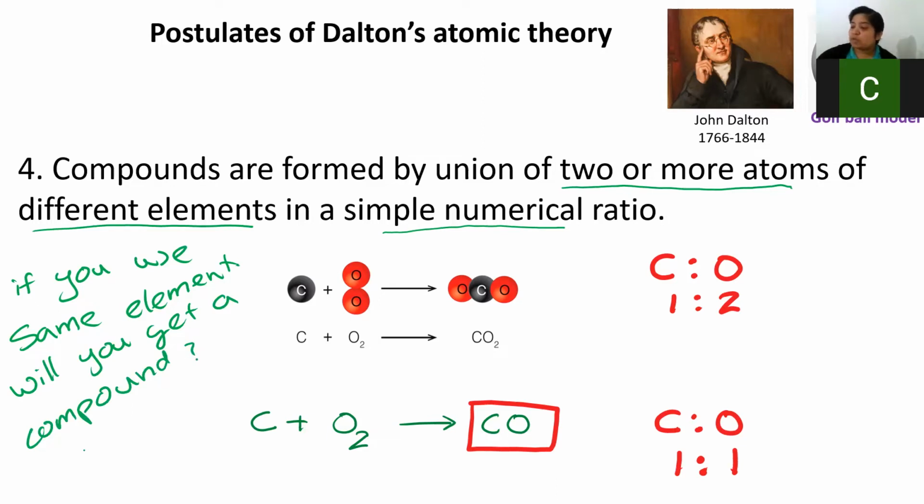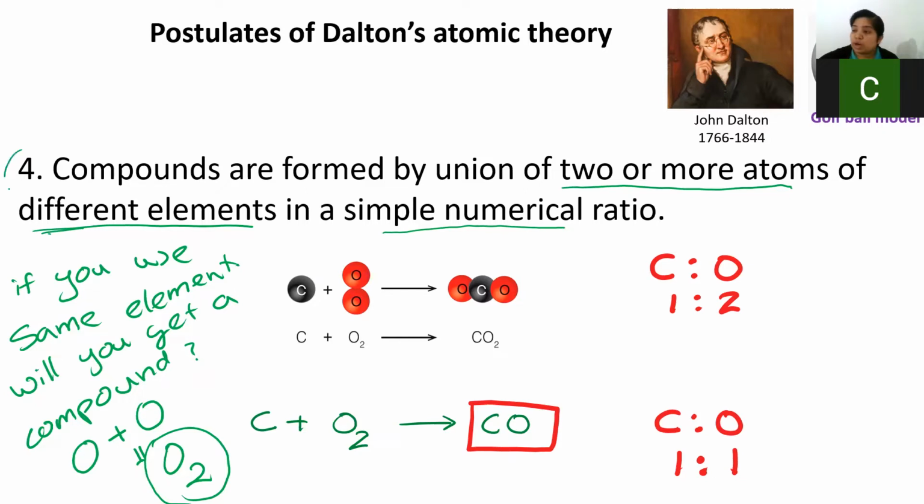Let's say I'm combining oxygen with oxygen. That will give me O2 gas. Now, is O2 gas a compound? No, it's not a compound. It's still an element. If you have the same bunch of atoms, the same type of atoms, it's an element. So that is why you need to combine atoms from different elements.